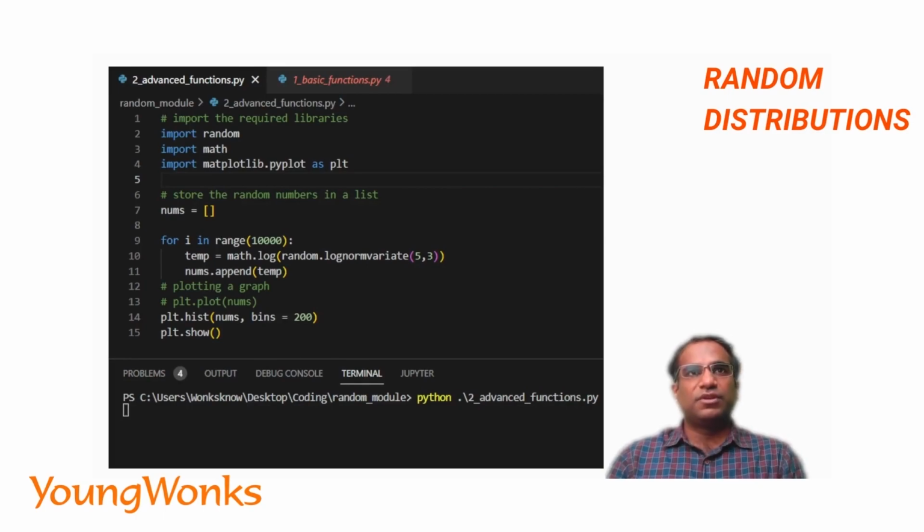The next one we will look at is the log normal distribution. Now, this distribution is actually found in many natural phenomena like human behavior, population distribution, income inequality, and many other such things in real life. Basically, the log value of each number has a normal distribution.